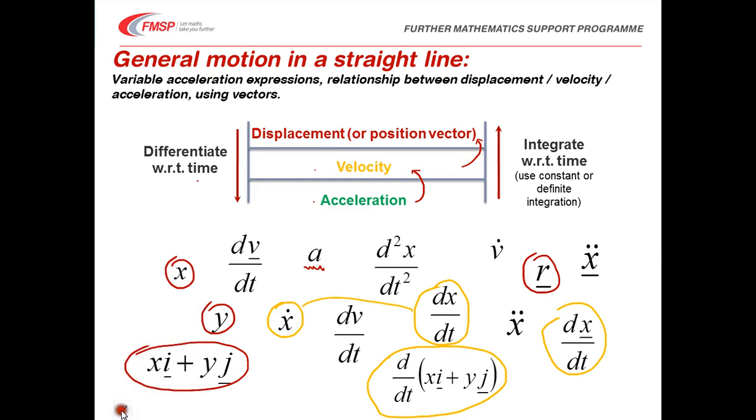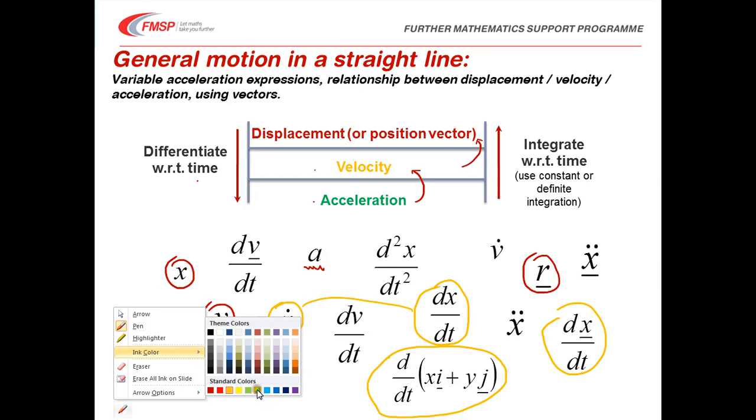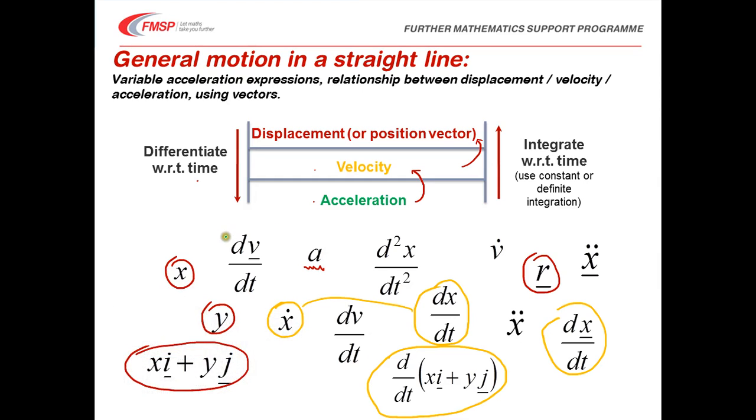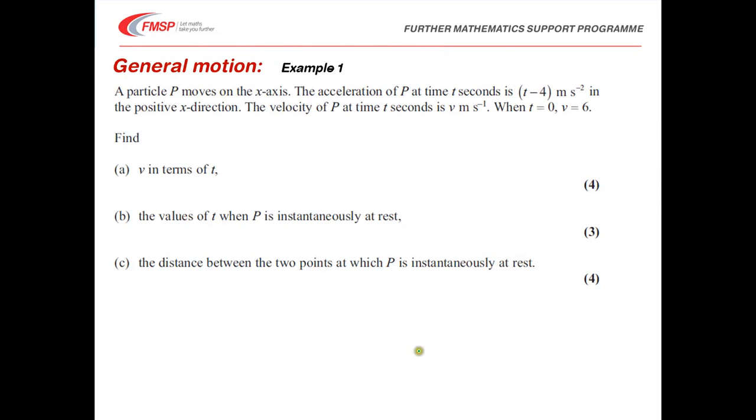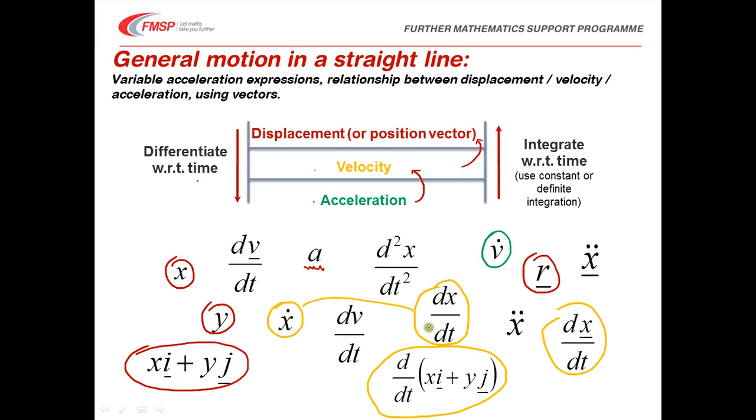Again, if I switch pen colour now and go to green, looking at acceleration. Acceleration is rate of change of velocity with respect to time, so v dot is one way of representing it. v dot and dv dt are exactly the same. Alternatively, you can have a vector version, so dv bar by dt here is the rate of change of a vector velocity with respect to time.